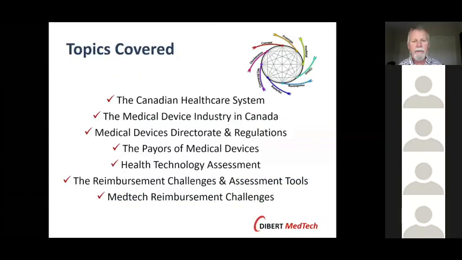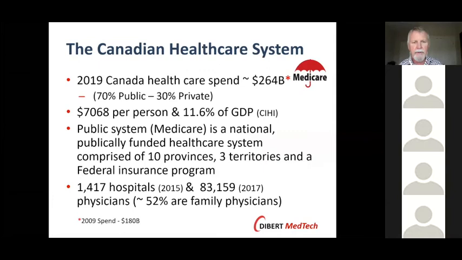Okay, so back here, this is where we are. These are the topics we'll be going through today, and we'll start here. So you've got the healthcare system. The spend in 2019 was $264 billion, 70% public, 30% private.